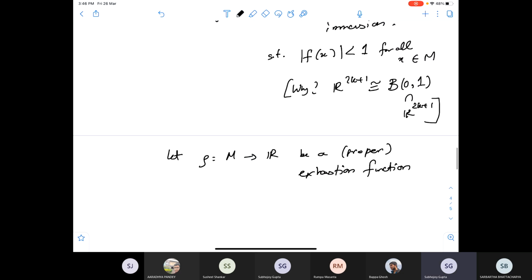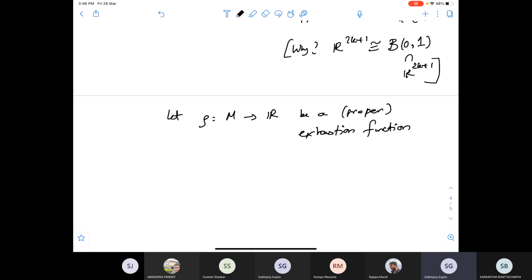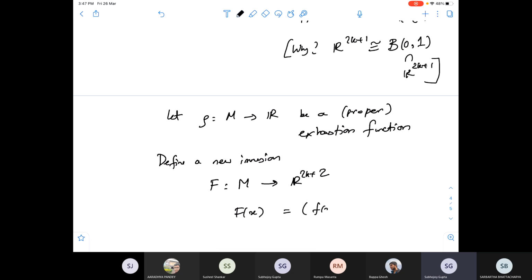So rho is a proper exhaustion function, and now we define a new immersion, capital F, from M to R to the 2k plus 2, that takes x, using x as points in M, to little f of x comma rho of x.